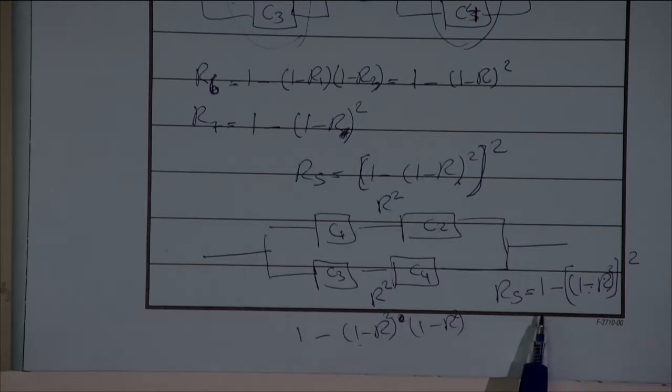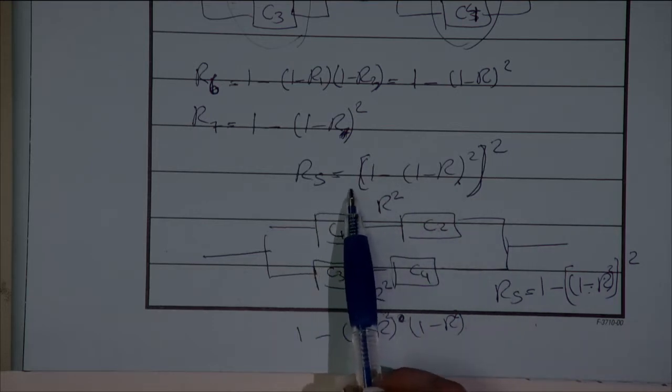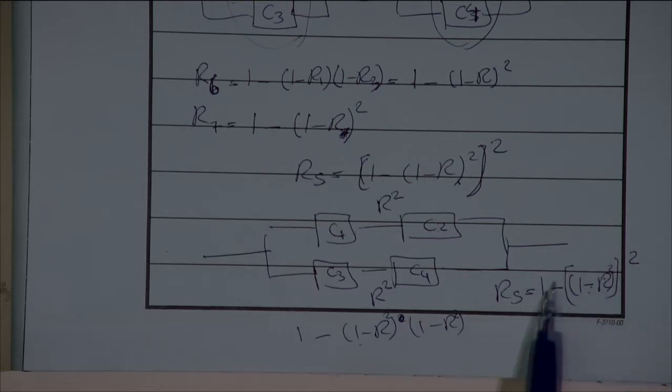Okay, so the question is what is the chance that C5 is actually working? What is the reliability of C5? Because if you have the reliability of C5, then we can say that X% of the time this is going to be the reliability, and with 1 minus X%, this other one is going to be the reliability. So we can condition our probability on the probability of component 5.